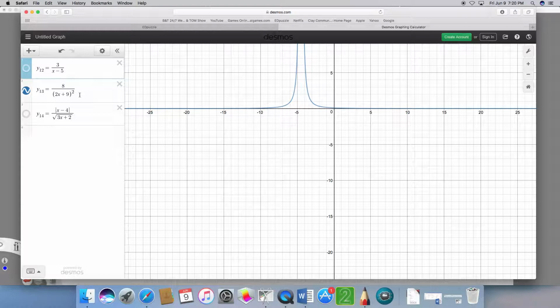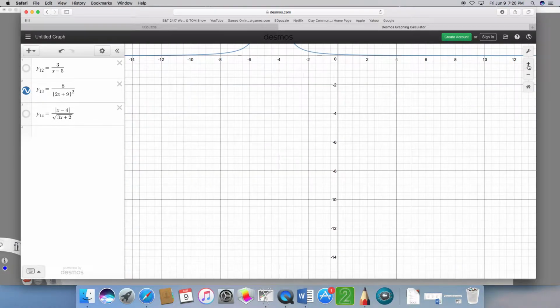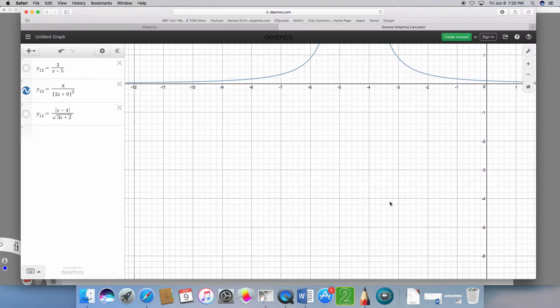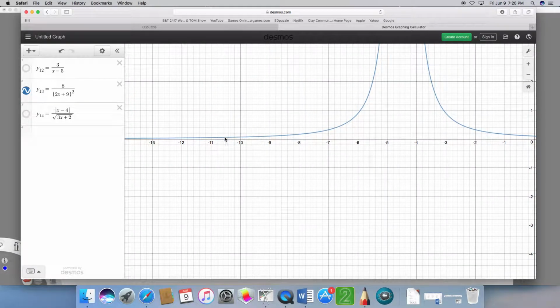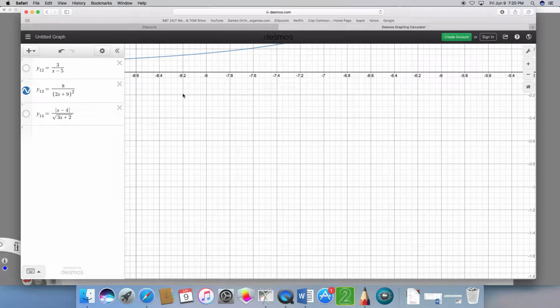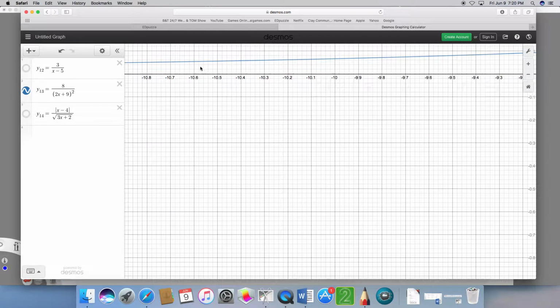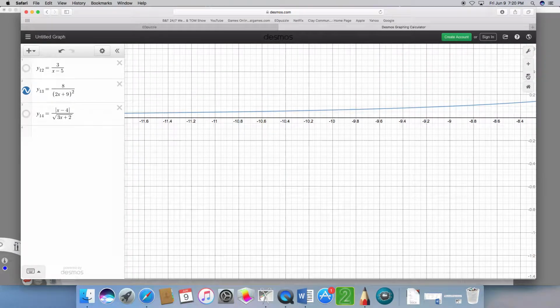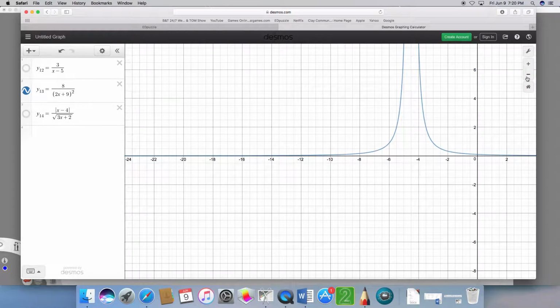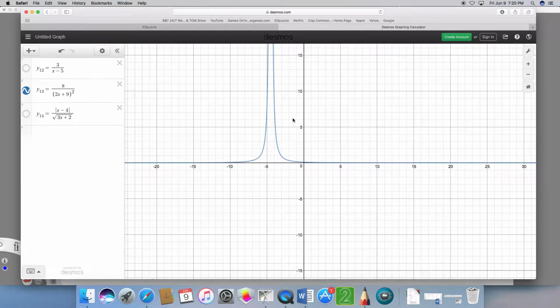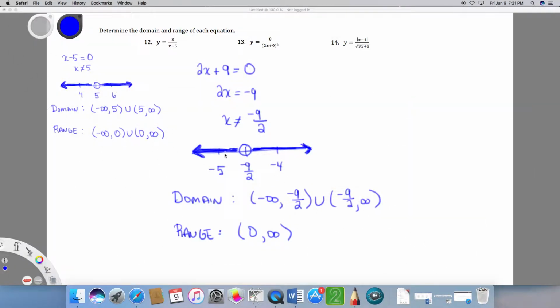And a positive divided by positive is always positive. So you can see, if we zoomed in, that the graph is getting closer and closer to the x-axis, but it never touches it. You could keep zooming in forever, and you can see that it's never going to touch the x-axis. All right. So there's our two answers for number 13.